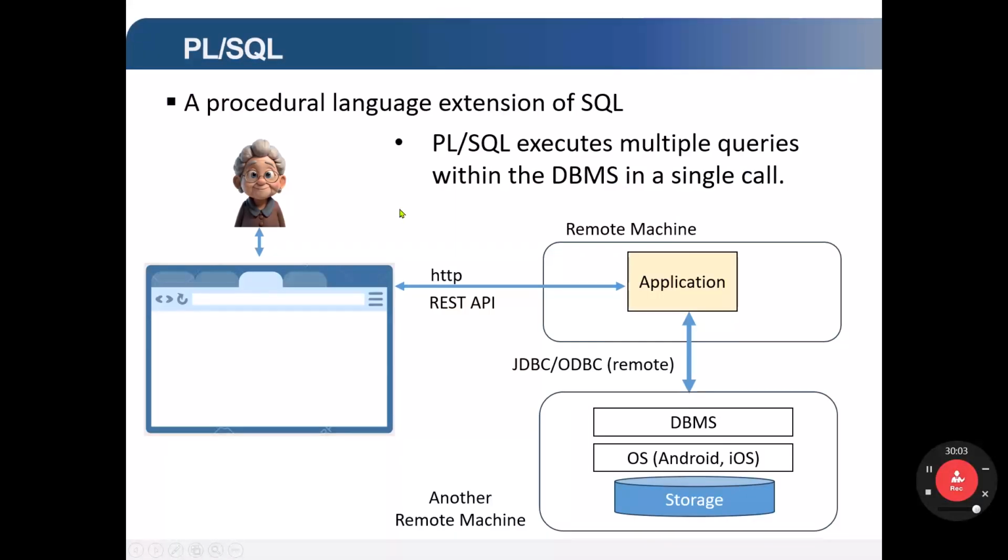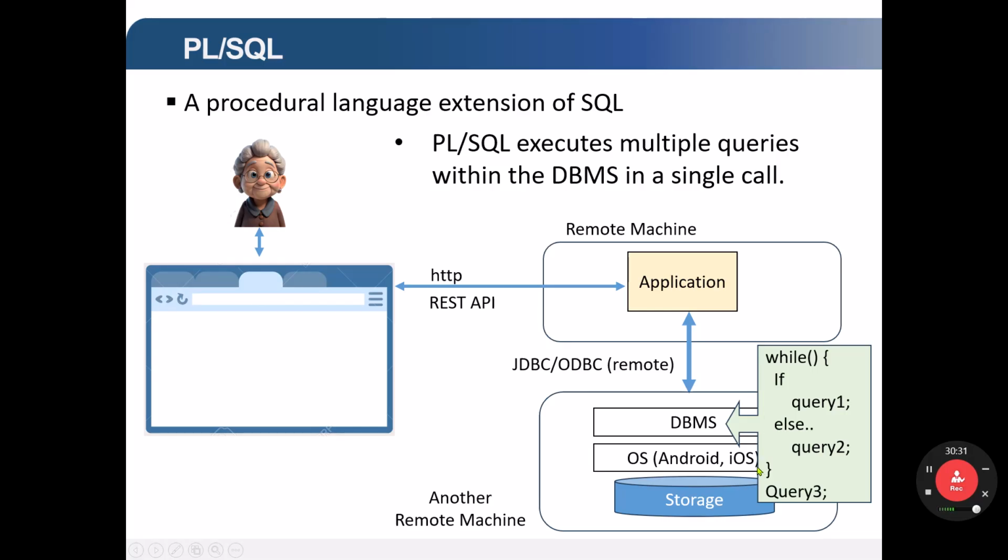So let's skip these ODBC related slides and move on to PL/pgSQL. Postgres is a copycat of Oracle DBMS, and Oracle, the company, developed an extension of SQL. The main reason is to support programming language constructs inside the DBMS. Suppose you put these while and if-else logical structures inside a Java application.